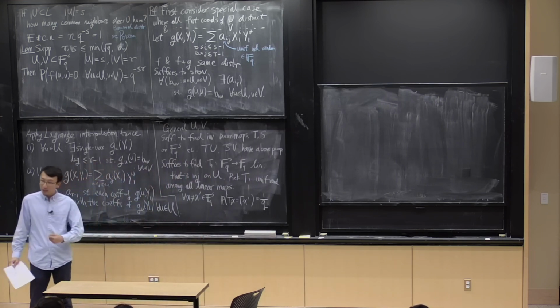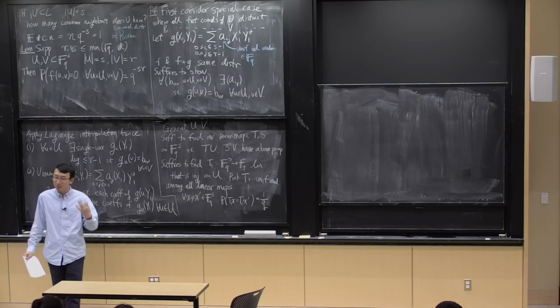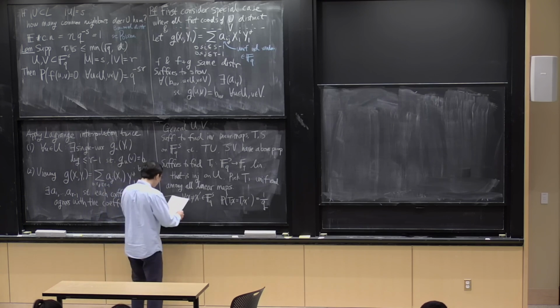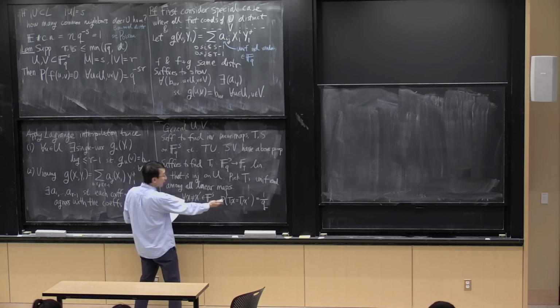If x and x prime differ in at least one coordinate, then even just along that coordinate, I can make them distinct. So this is the case for every pair.